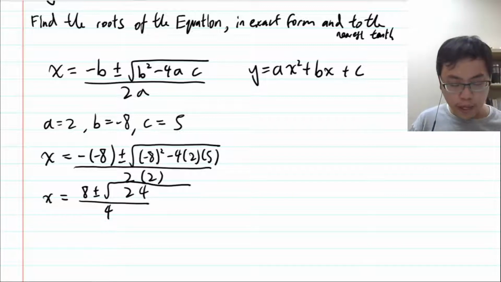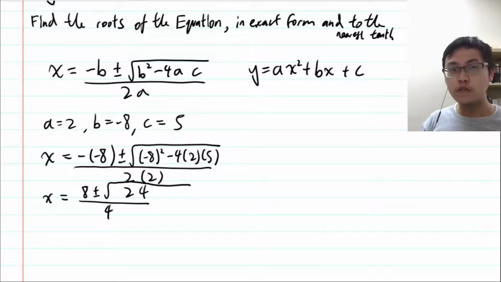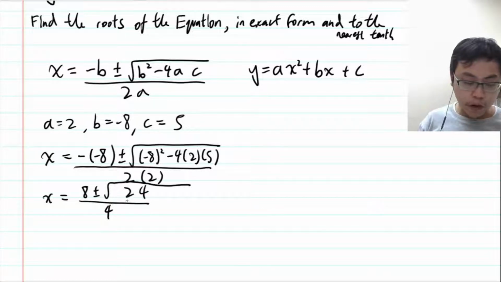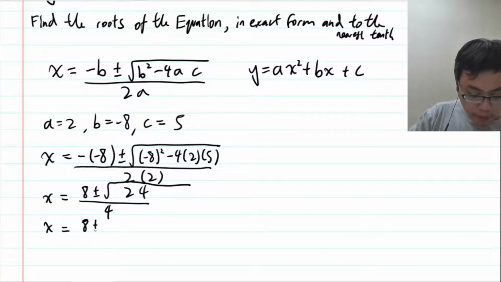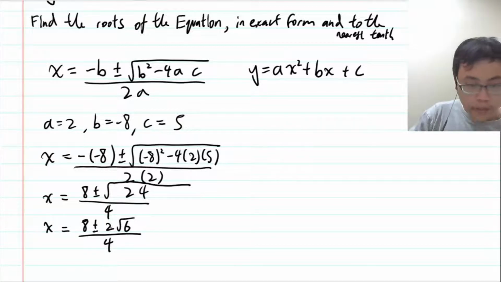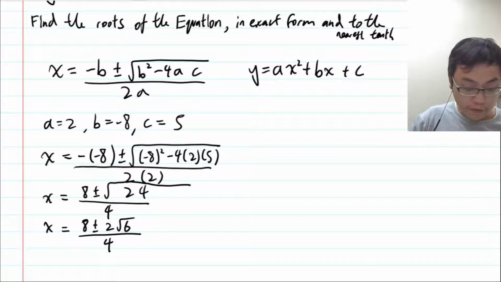Now, 24 can be simplified into 4 times 6, okay? And 4 is a perfect square, so we can take the 4 out, it becomes 2. So this becomes x equals 8 plus or minus 2 root 6 all over 4. Now, 8 and 2 have a common factor of 2, so I can simplify that even further.